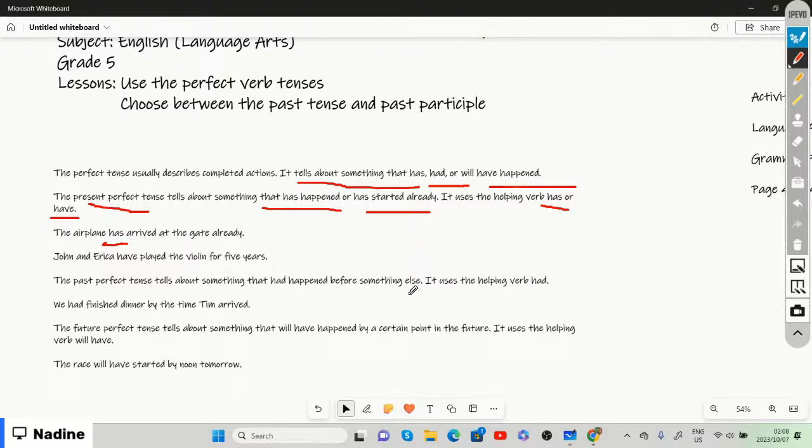John and Erica, referring to more than one, have played the violin for 5 years.